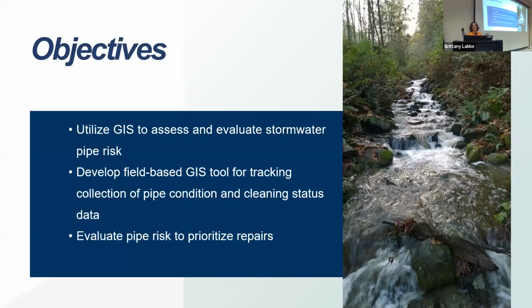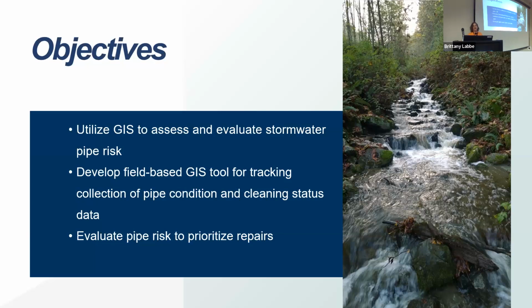What we're going to be talking about today is how you can use GIS to assess and evaluate pipe risk. As we all know, pipes are underground. We don't look at them very often. So you can use GIS to figure out which pipes you want to look at, and then how you can go about assessing the condition of your system.